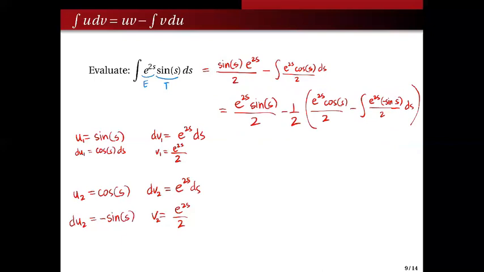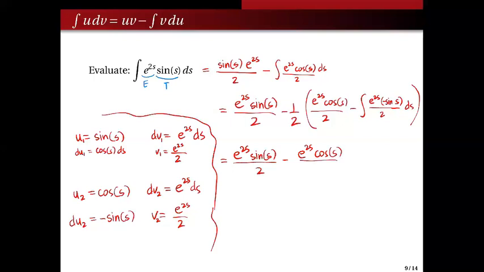Now let's try to simplify this. This guy here, we will have e to the 2s sine s over 2 minus e to the 2s cosine s over 4. And then here, this becomes plus. Actually, this is still minus. Why? There's a minus in here.